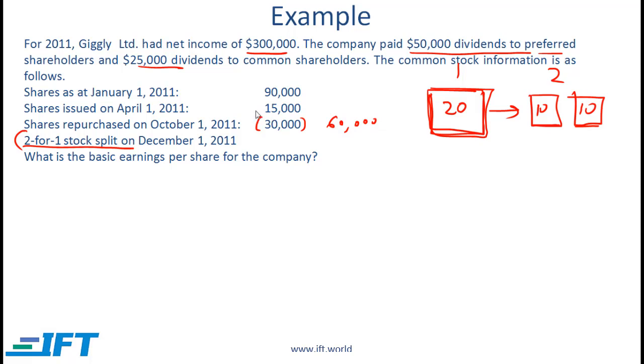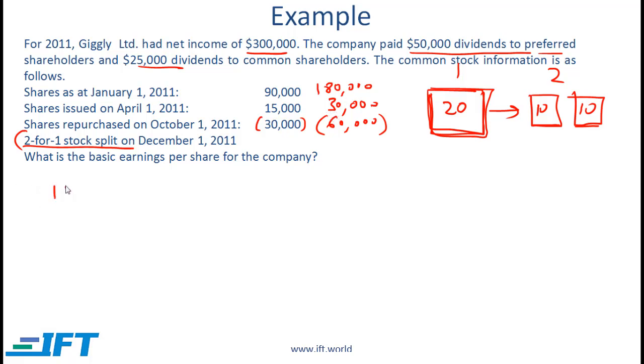The shares issued, 15,000, really means that according to our split number, this would be 30,000, and 90,000 would be rewritten as 180,000.